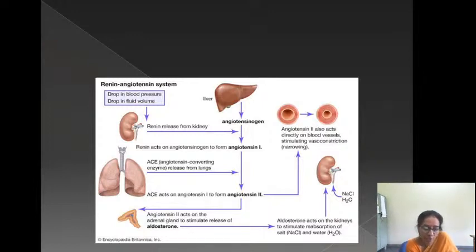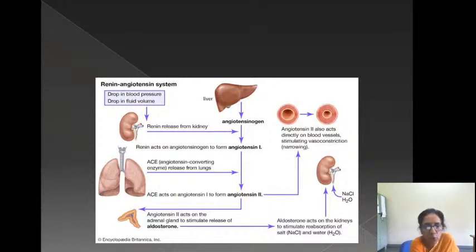When the blood flow is reduced through the peritubular capillaries, there will be rapid osmotic reabsorption of water and salts. That is one more way it acts. And angiotensin 2 also acts on the epithelial cells of the renal tubules by increasing the reabsorption of water and salts.